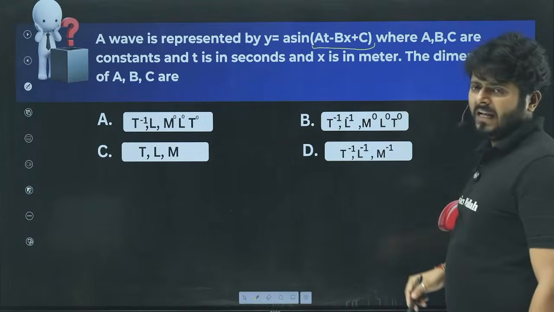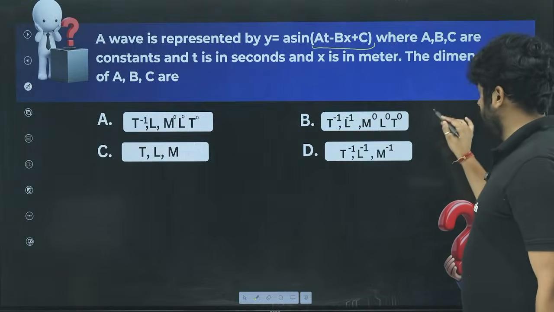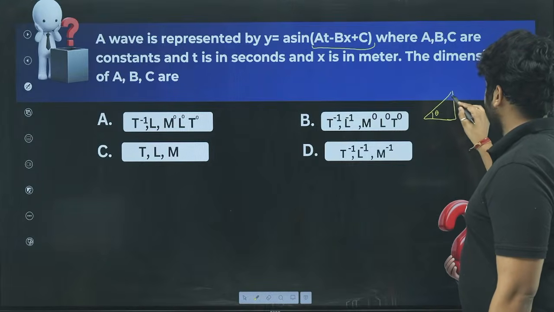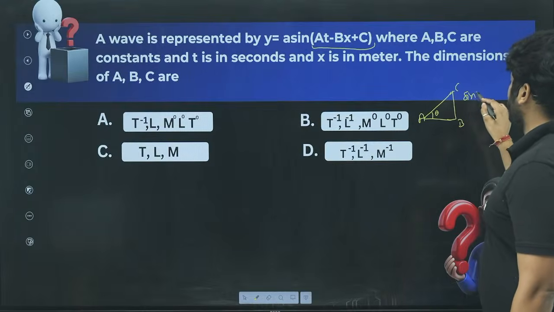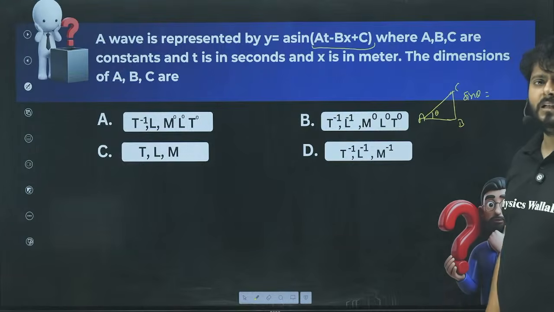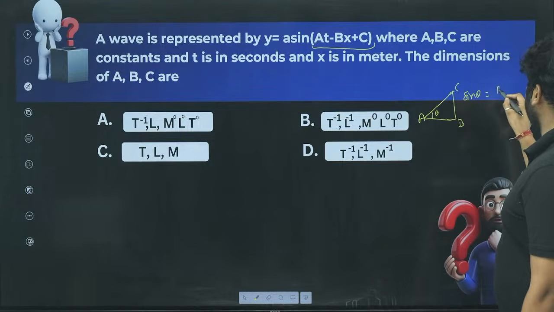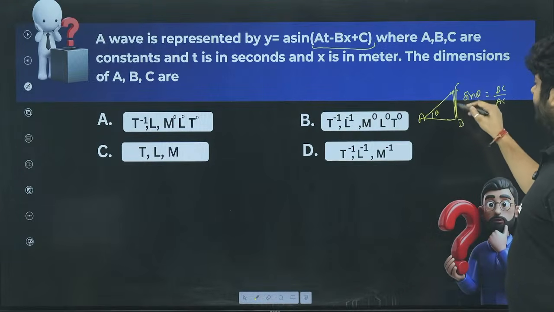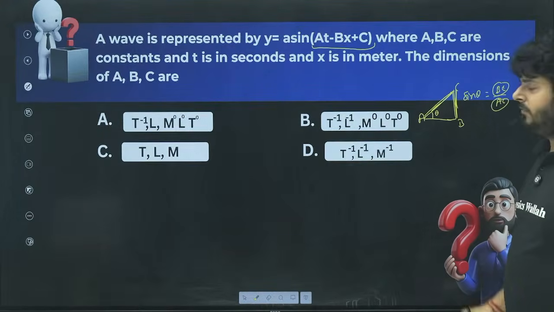after the sine we have an angle, right? After the sine component we have an angle, theta. So sine theta of this angle will be perpendicular upon hypotenuse. And you are measuring this length. Length upon length.